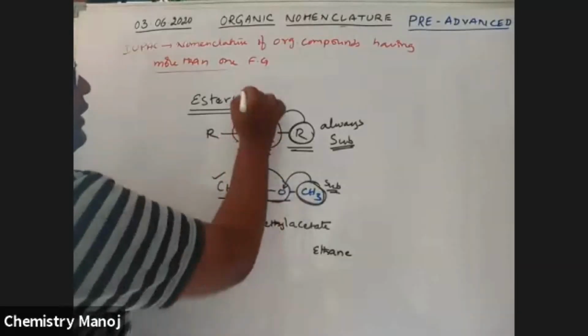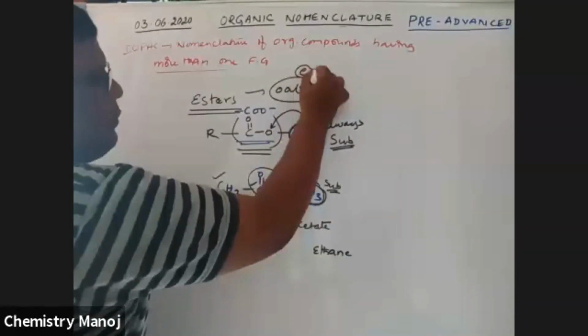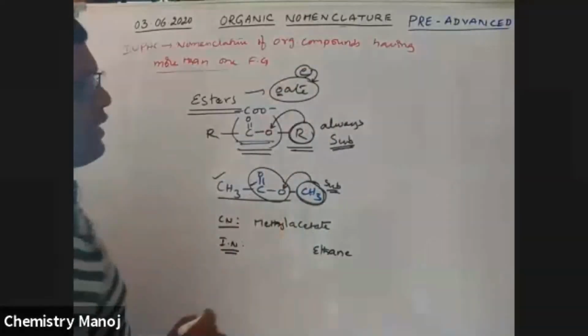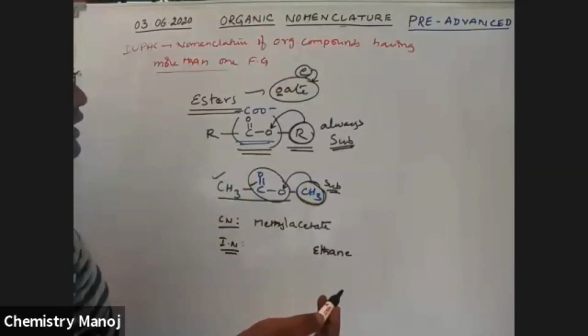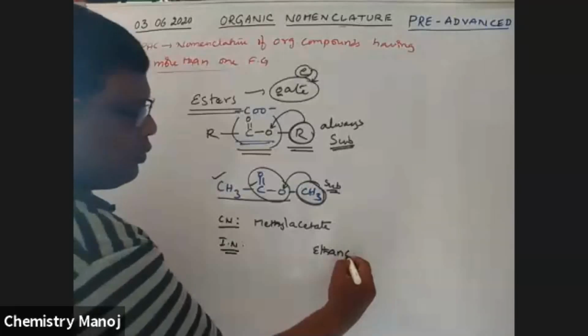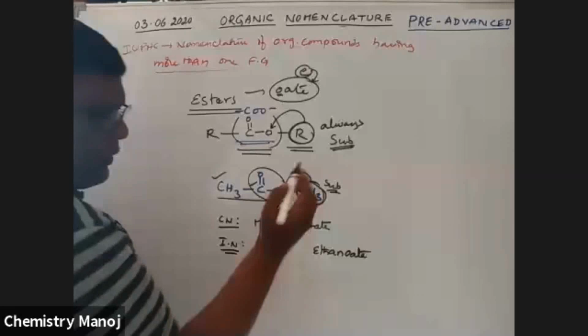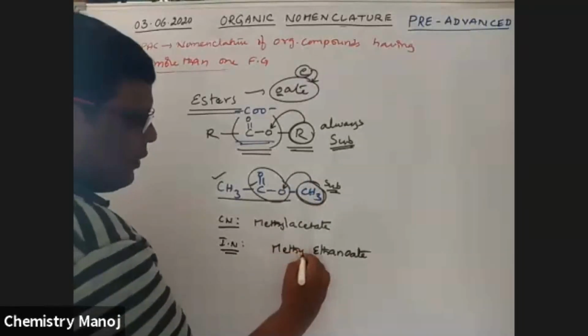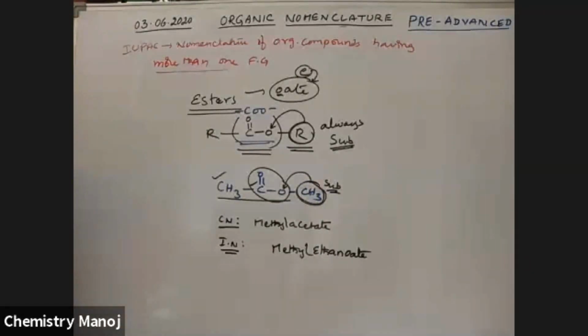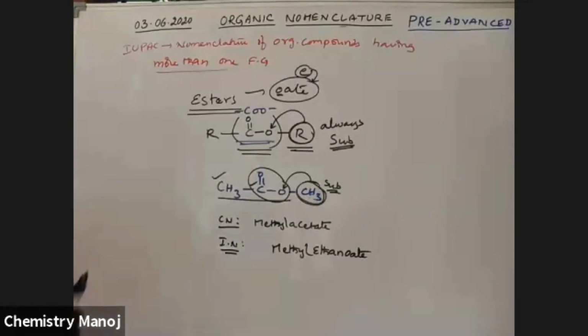Wherever COO is there, the E is replaced with OATE, because the vowel-starting suffix replaces the ending E. So ethanoate. But this methyl group is a substituent. That's why methyl ethanoate is the IUPAC name. So methyl acetate is the common name, and methyl ethanoate is the IUPAC name.